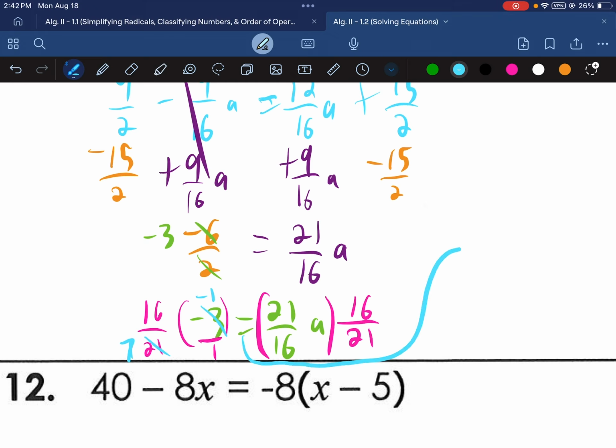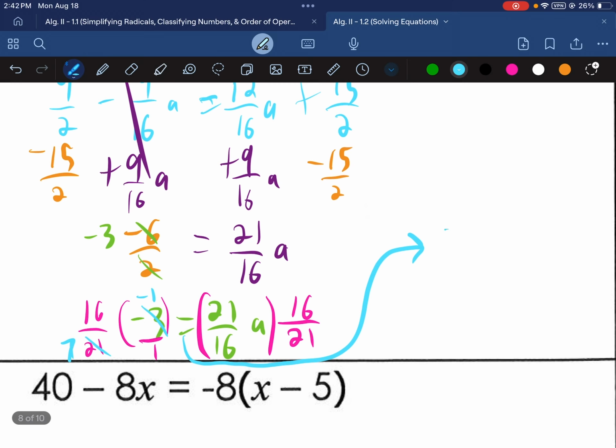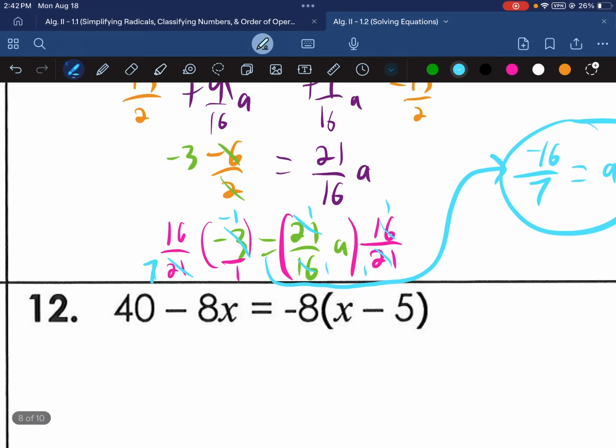Try that again, negative 1. And so now, moving my answer over here, so I have some room, 16 times negative 1 is negative 16. On the bottom, we have 7. On the right-hand side of the equal sign, 21 and 21 reduce to 1, 16 and 16 reduce to 1, and so we get negative 16 over 7 equals a.